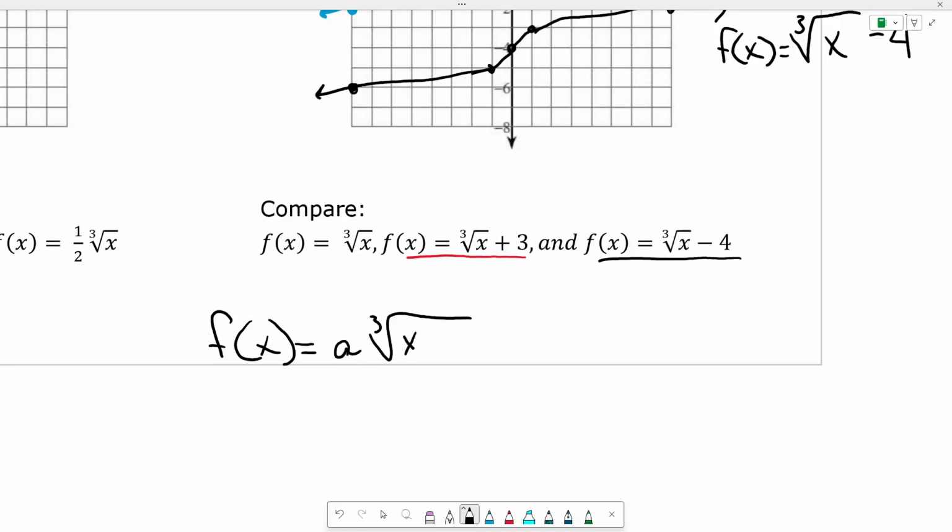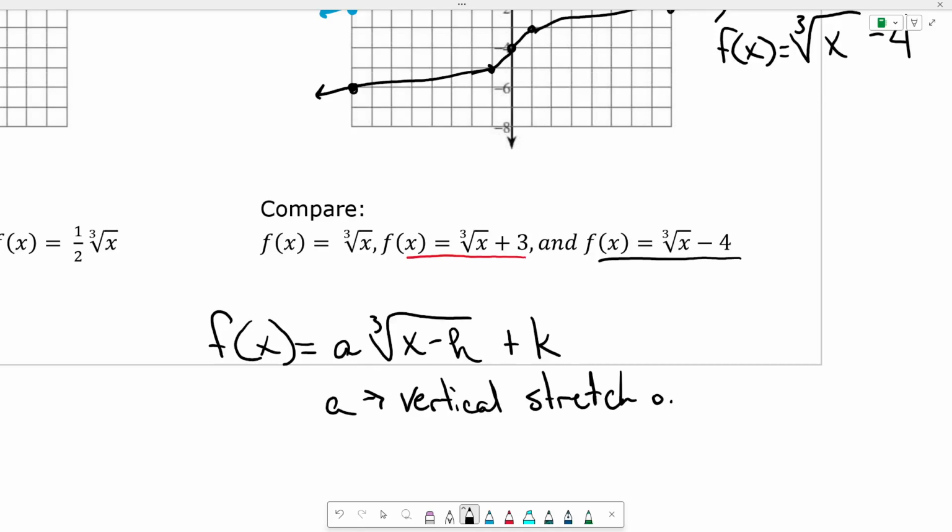My cube root functions will be like so. Cube root of x minus h plus k. A is what gives us our vertical stretch or compression. And then negative ones will result with a reflection.